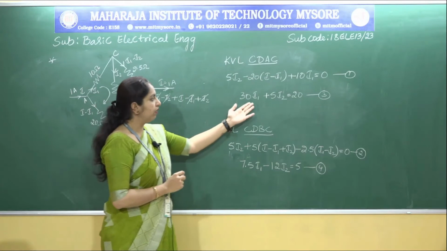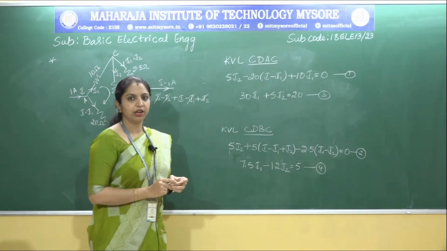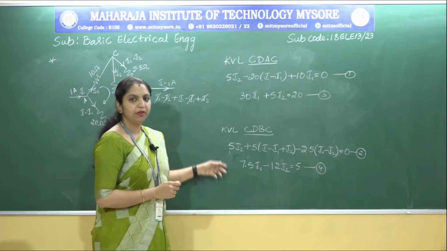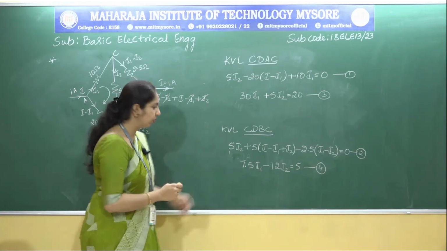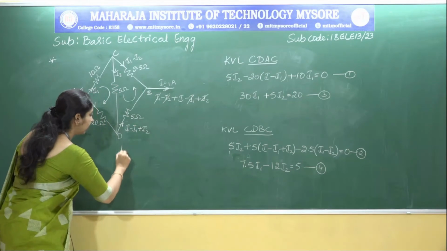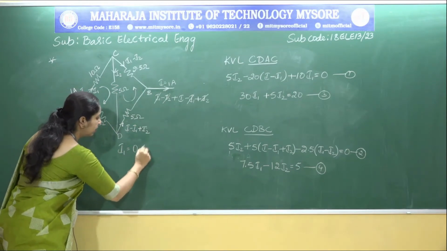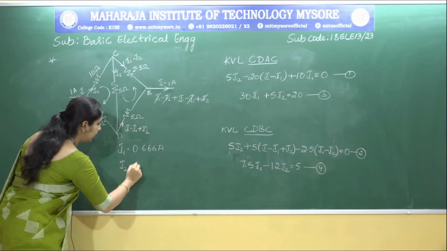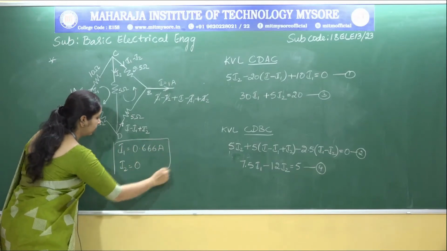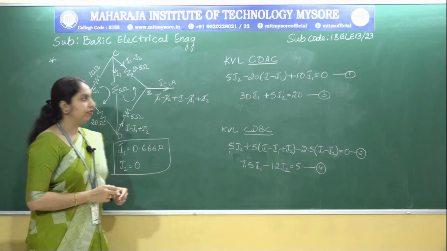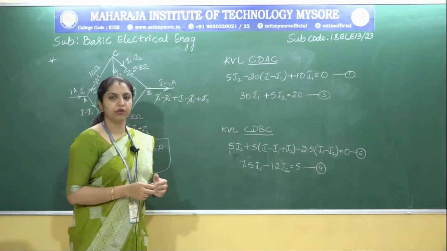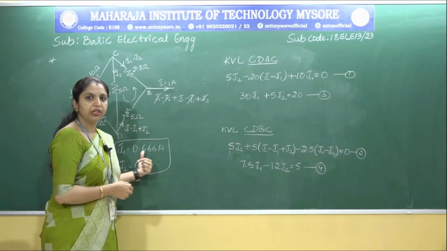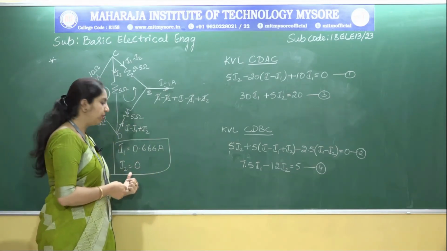Finally we find the values of I1 and I2 using simultaneous equations. After simplifying equations 3 and 4, we get I1 as 0.666 amperes and I2 as 0.